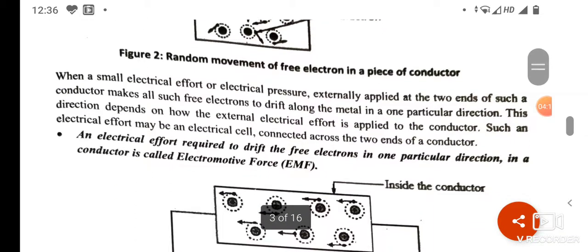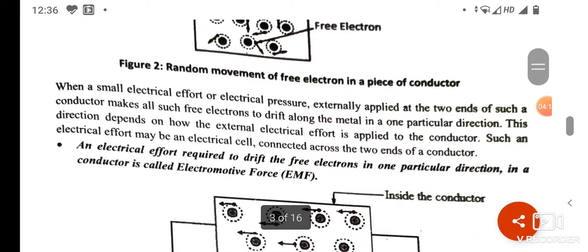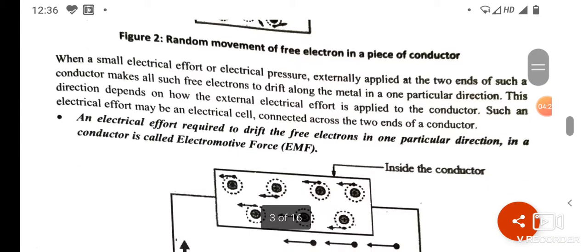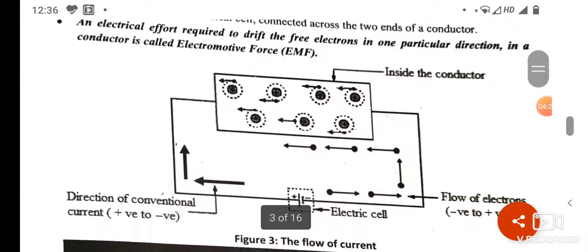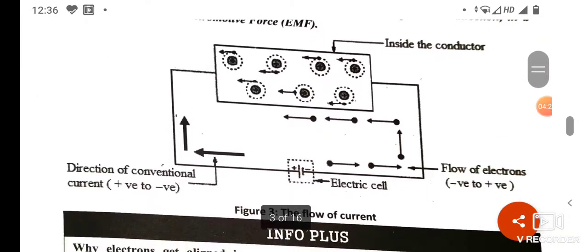If we provide an electric effort for the drift of such free electrons in one particular direction, it is termed electromotive force or simply EMF. If we connect a battery source or electric cell to a metal having loosely bound valence electrons, we can take out those electrons.